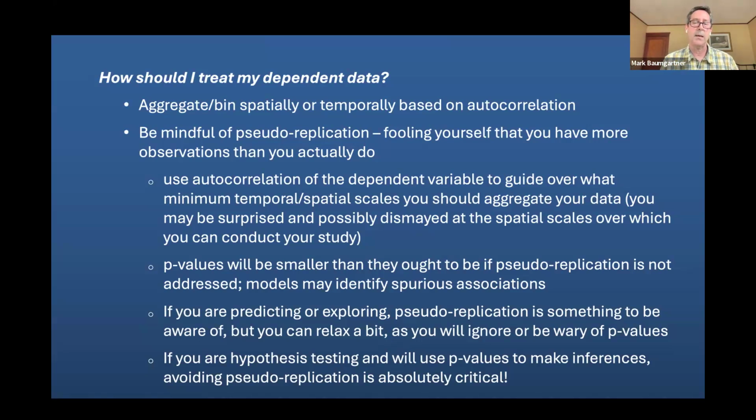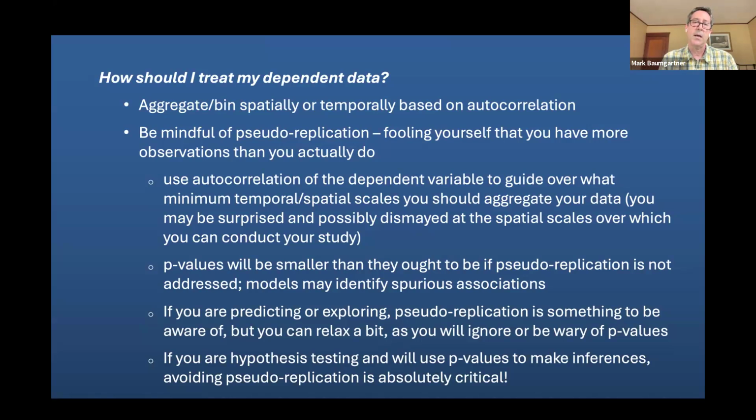Why is it important? In most model applications, you want your observations to be independent from one another. If they're not independent of one another, you run into this problem called pseudo-replication. You basically fool yourself into believing that you have more observations than you actually do, because your observations are not actually independent.